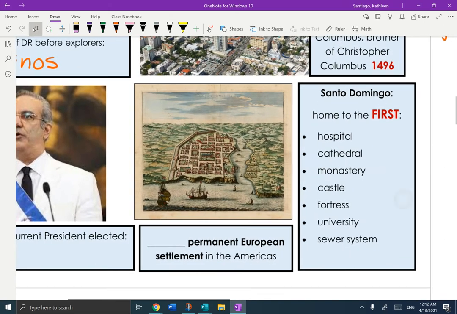Santo Domingo is the home to the first hospital, the first cathedral, the first monastery, the first castle, the first fortress, the first university, and the first sewer system. Santo Domingo was the first permanent European settlement in the Americas. Again, it was established in 1496.